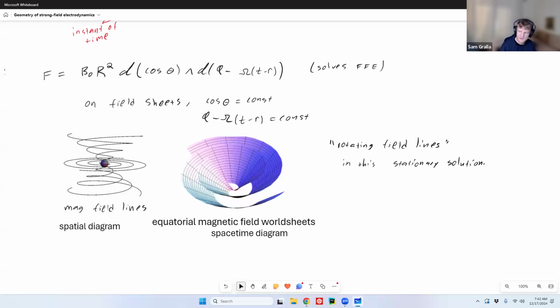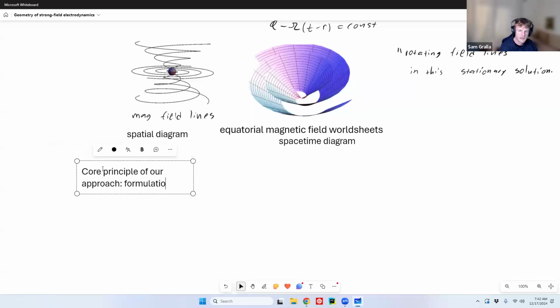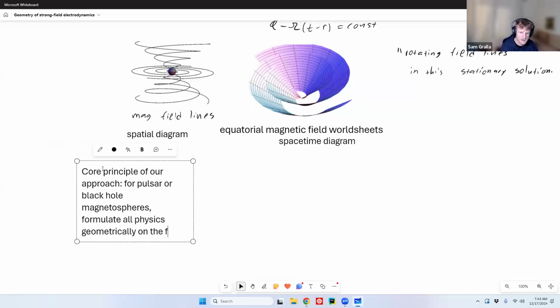Okay. So in 15 minutes, let me give you some highlights of what we get out of doing everything on the field sheet. So the core principle of our approach, let's say for pulsar or black hole magnetospheres: formulate all physics geometrically on the field sheet.